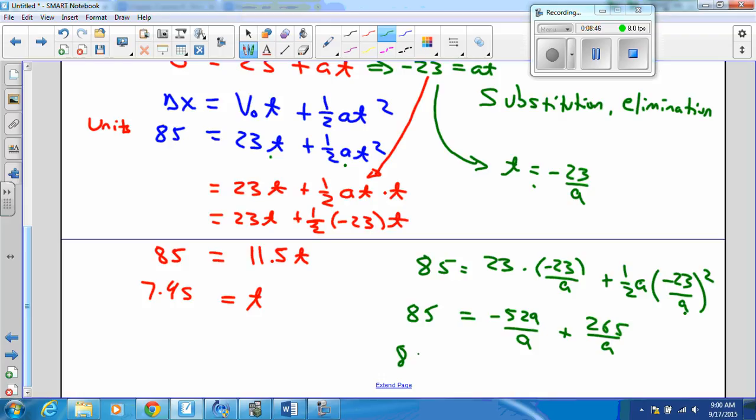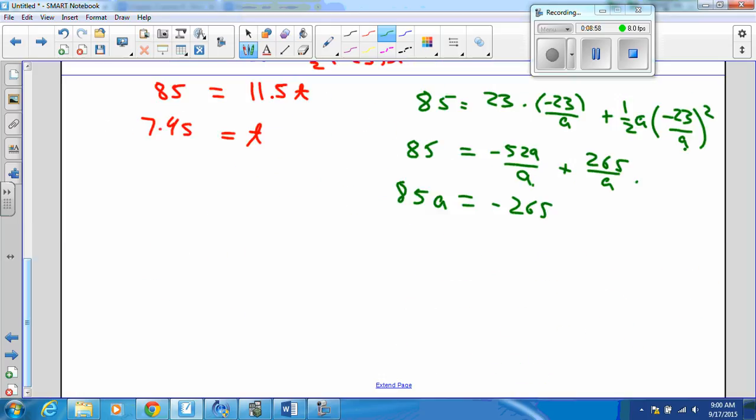So if I multiply both sides by a, then lo and behold, my factors of a cancel out, and I get negative 529 plus 265, which is negative 265. And a is therefore equal to negative 3.1 meters per second squared. So this would be a second way to solve by substituting.